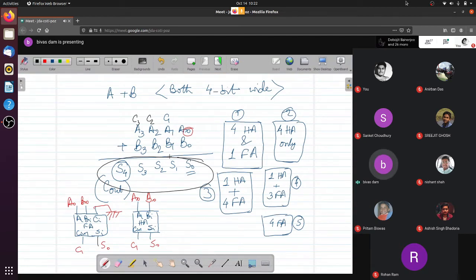So the correct options are either one half adder and 3 full adders, or 4 full adders, with the least significant bit full adder having 1 input connected to ground or 0. Okay, so both of these are correct.